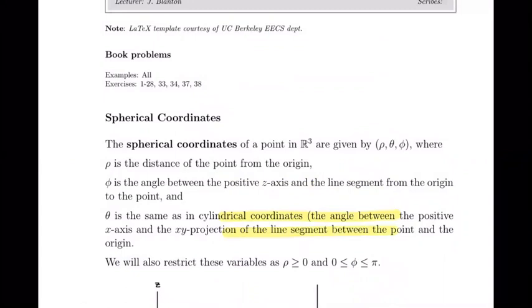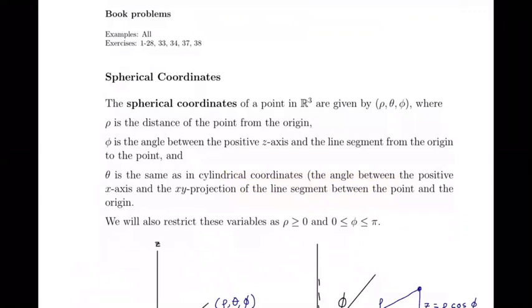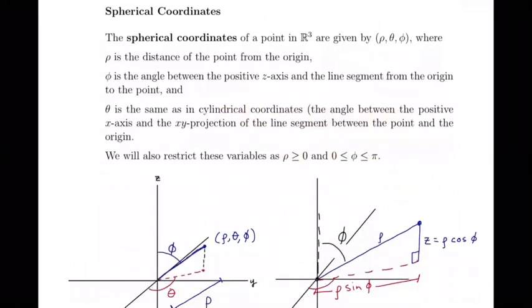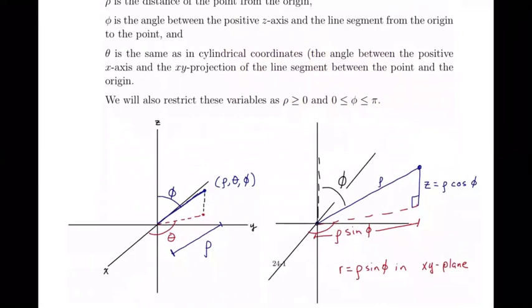It'll range from 0 to 2 pi. We'll note that phi should only ever range from 0 to pi, and we'll restrict our attention to only positive values of rho. We can still reach every point in space with these restrictions, because phi starts at an angle of 0 along the positive z-axis.